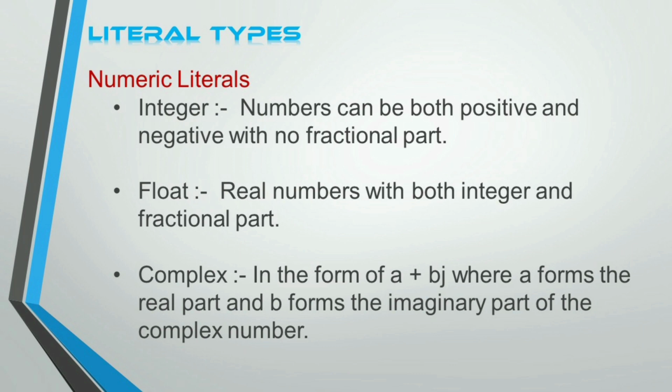Real numbers with both integer and fractional parts are known as float literals. Complex literals are in the form of a plus bj, where a forms the real part and b forms the imaginary part of the complex number.